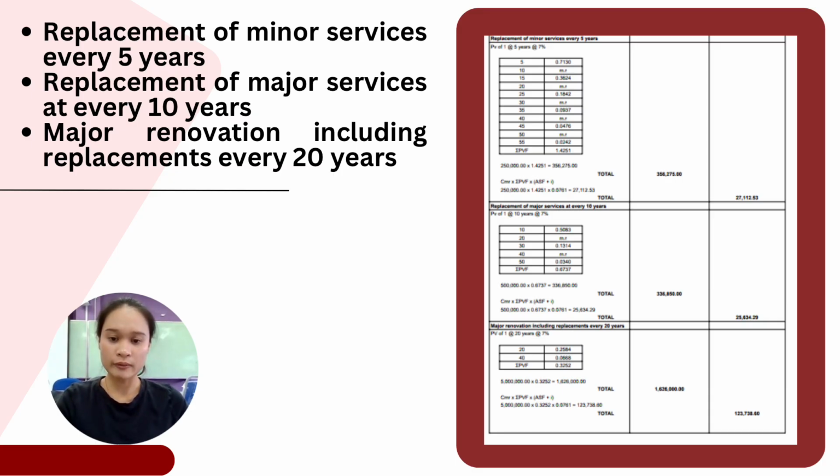For the annual equivalent method, we multiply 5 million ringgit by 0.3252 and then by 0.0761, giving an annual equivalent cost of 123,738 ringgit and 60 cents. That's all for the replacement, minor costs, and major renovation costs.